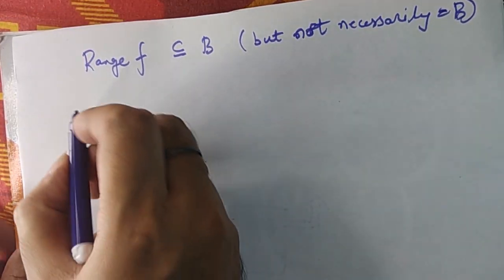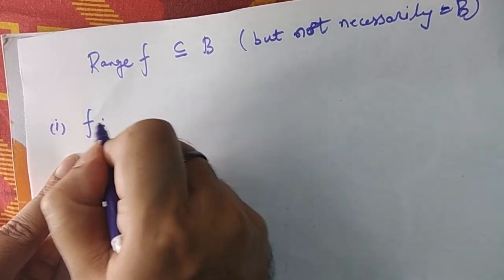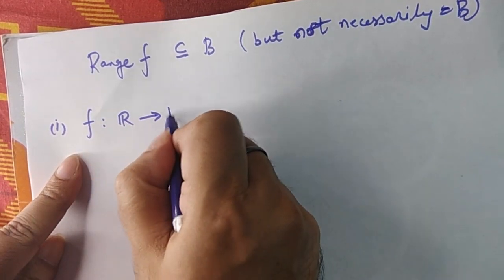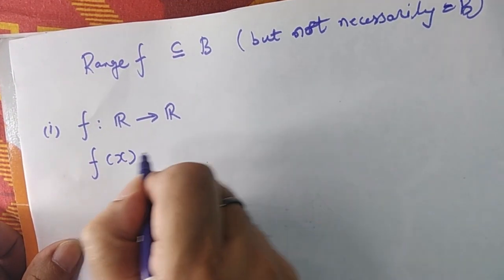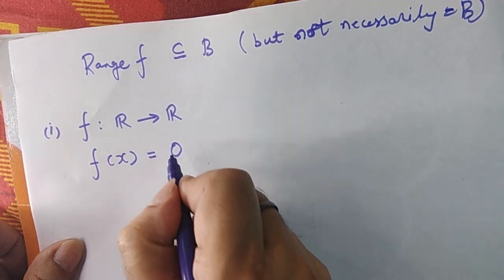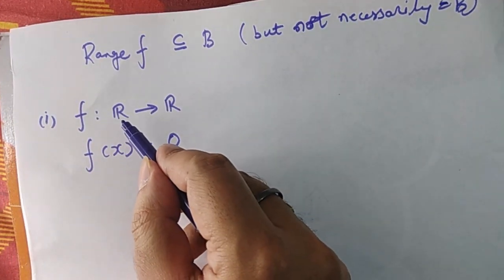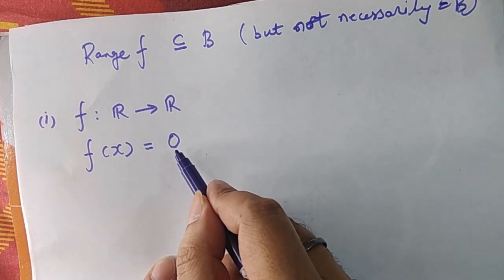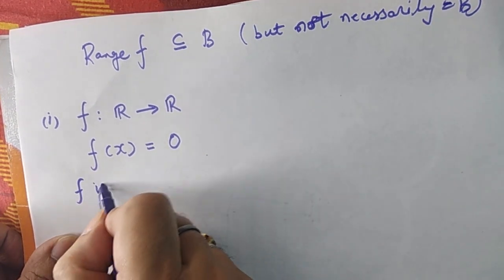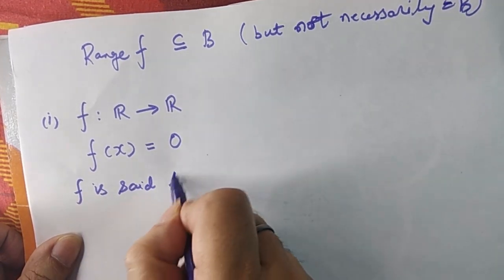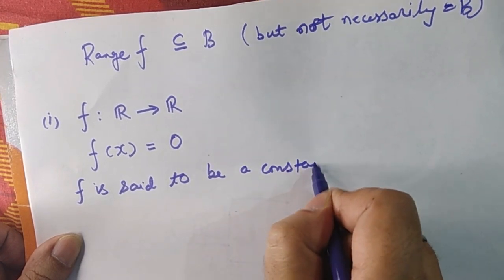Let us start with the simplest example. f is a function from R to R defined as follows. f of x is equal to 0, which means that every element in the set R is mapped onto a constant element in R, which is 0. f is said to be a constant function.